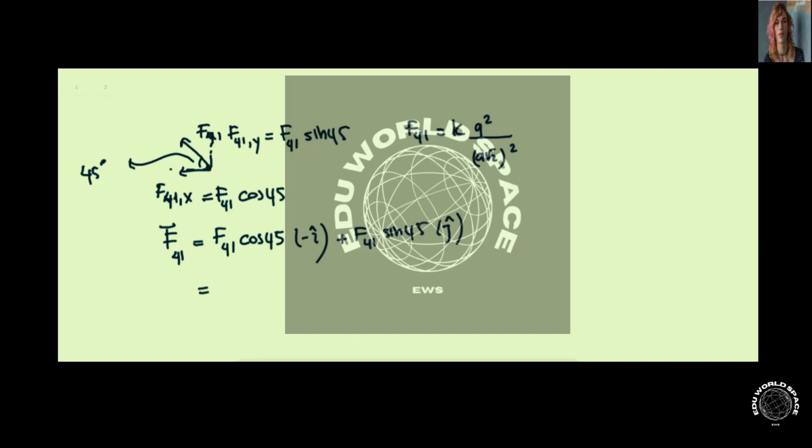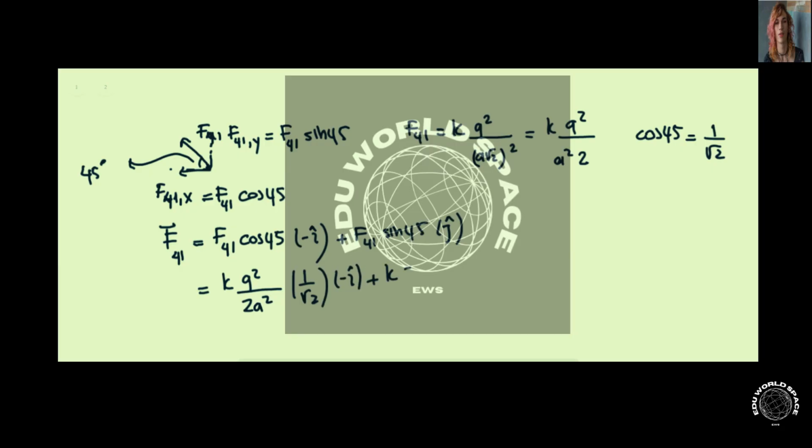Let's plug in for F41: kQ squared over 2A squared, since this equals A squared times 2, and then cosine 45. What is cosine 45? It is 1 over square root of 2, so let's put that in there too: 1 over square root of 2, negative i hat, plus kQ squared over 2A squared, and F41 is the same. Again, sine 45 equals cosine 45, which equals 1 over square root of 2, j hat.